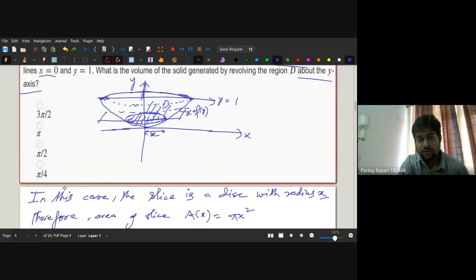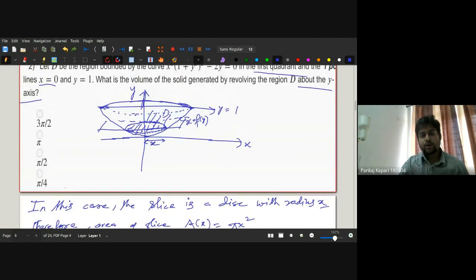Because we are taking slices perpendicular to the y-axis, and these slices vary across the y-axis, you can take a slice at any level, so the slice varies from 0 to 1.